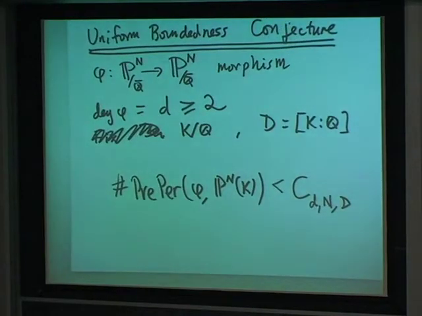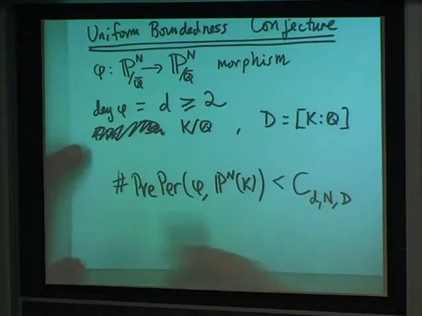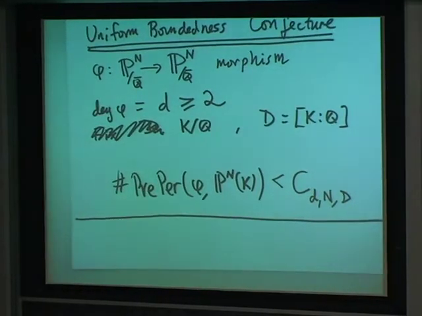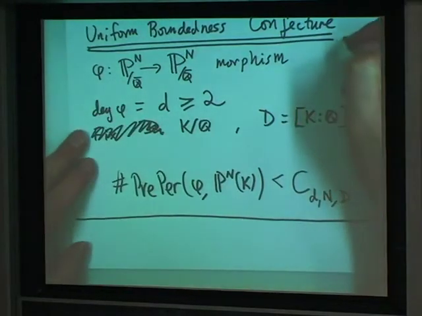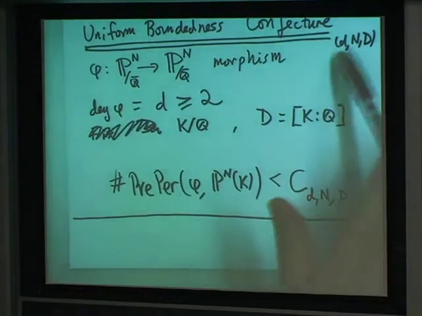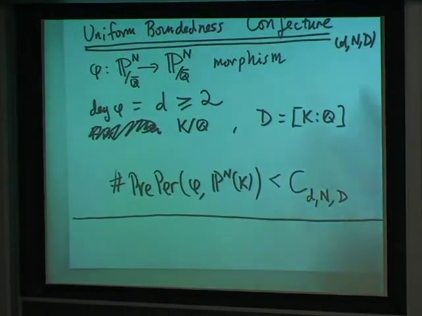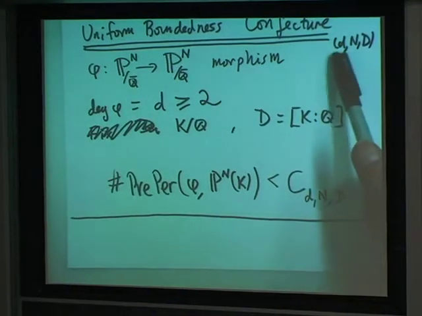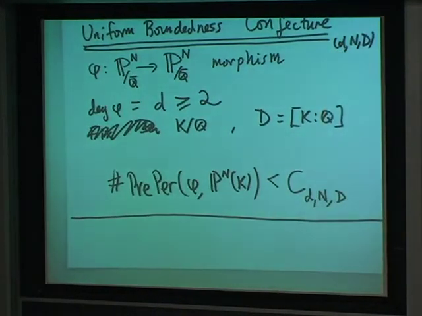Okay. And just to give an idea of the strength of this conjecture, maybe I'll call this the uniform boundedness conjecture, (d, N, D). So if you could prove this for any one choice of little d, capital N, and capital D, that would be an amazing breakthrough. Right. The quadratic polynomial case, even if you could prove that, it's not even the full case. That's degree 2 maps, but specifically degree 2 maps that are polynomials.